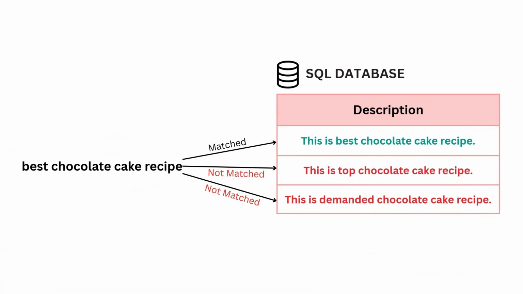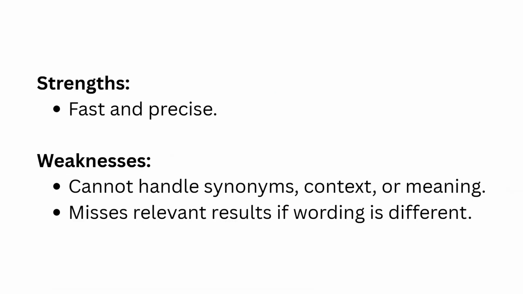A lexical search engine will look for documents that literally contain best chocolate cake recipe. If a recipe says top cocoa cake guide or most demanding cocoa cake guide instead, it might not show up, even though it means the same thing.